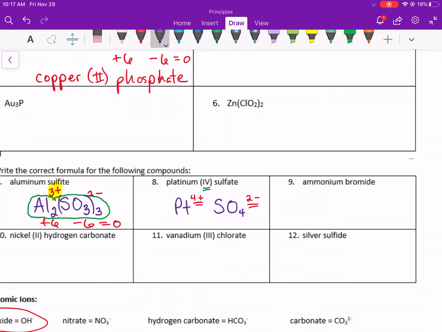All right, so you should have said 2. Because 2 times -2 is -4, and that's going to cancel the +4 on my platinum. So I have 1 platinum and 2 sulfates. And kind of out of room here, but if I were to rewrite it a little bit more neatly here, Pt and then (SO4) in parentheses 2. So that would be platinum(IV) sulfate.